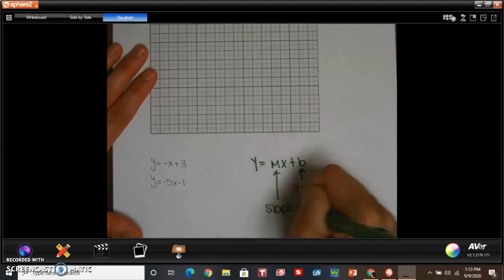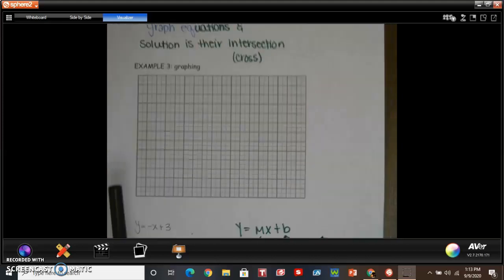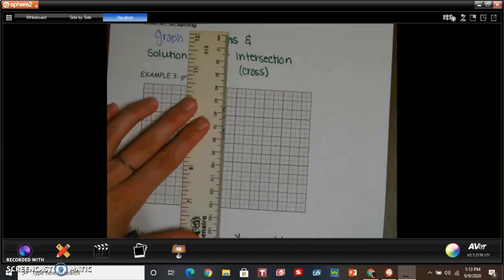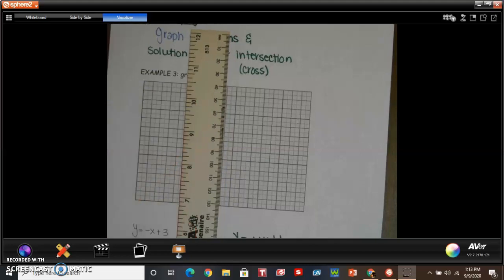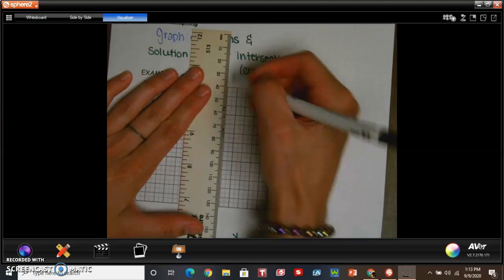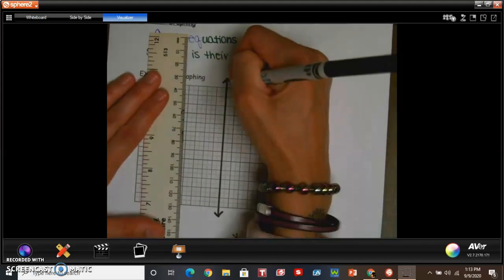It is also known as rise over run. All right, so let me go ahead and create our graph. These are the ones that are multiple choice, because I know that sometimes when you graph, it's not going to be perfect, especially if you don't have graph paper. So you can get an estimate of what the answer is. So I went ahead and did it multiple choice.